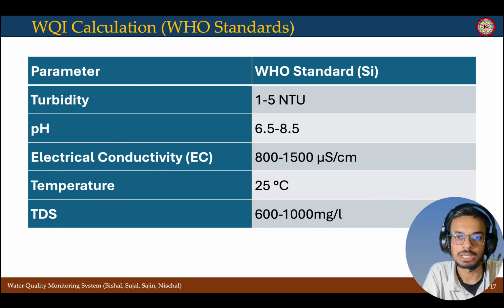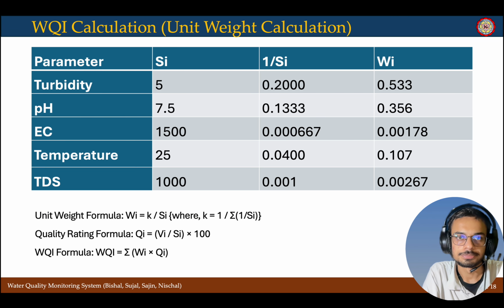And WQI calculation, parameter WHO standard: turbidity 1 to 5 NTU, pH this range, electrical conductivity this range, temperature this range, and TDS this range for safe drinking water. And this is the calculation of the WQI, the water quality index, which measures the quality of the water.